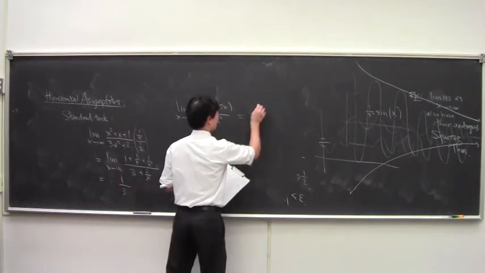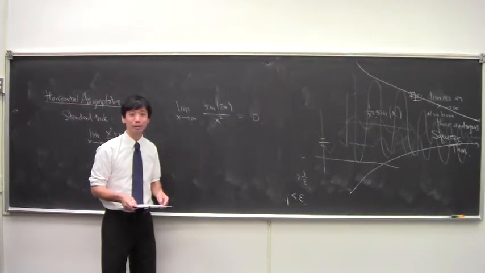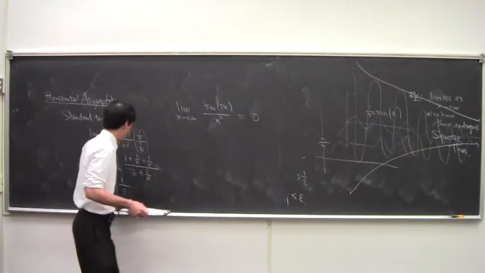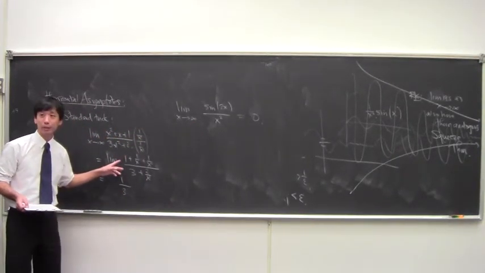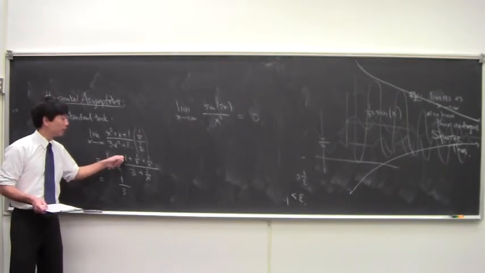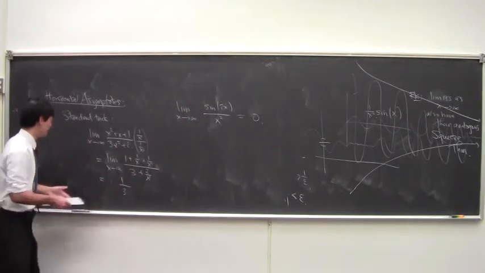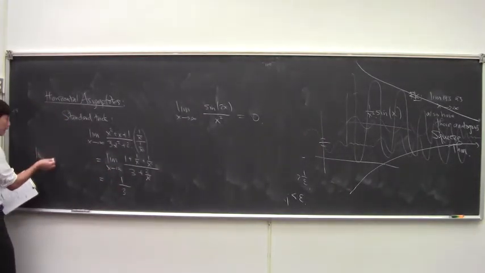And why? You can't play the same game that we did here. So secretly over here, what we're using is that if the top limit and the bottom limit exist, then the limit of the quotient is going to be the quotient of the limits. We have this theorem for finite limits.